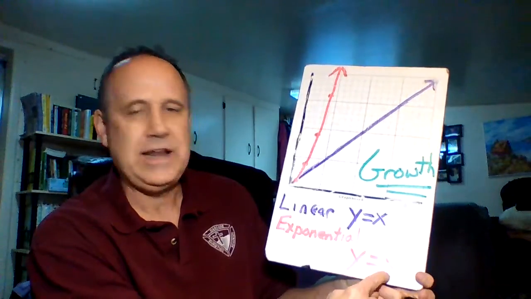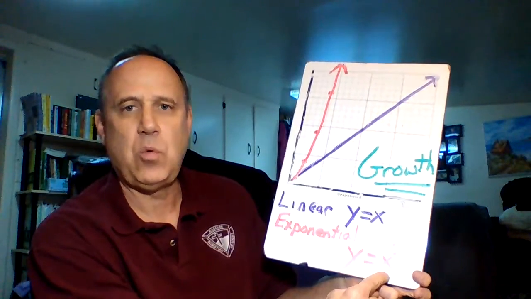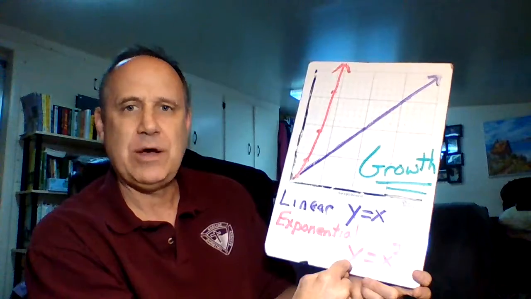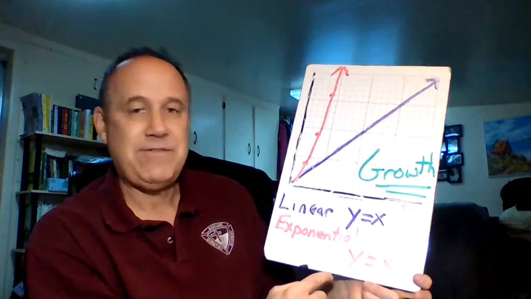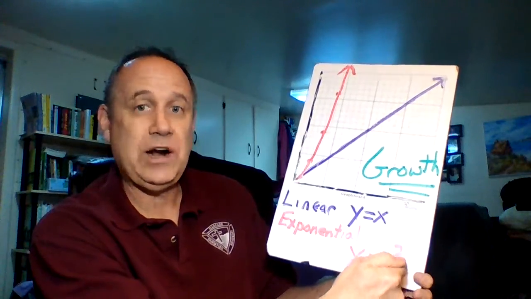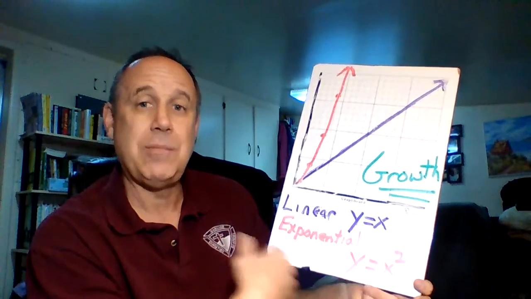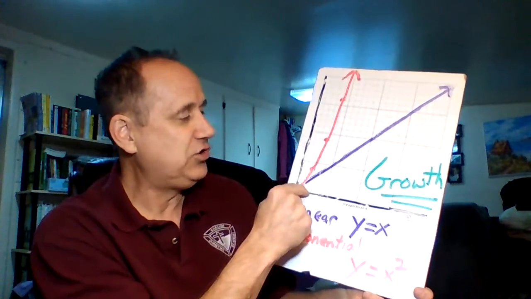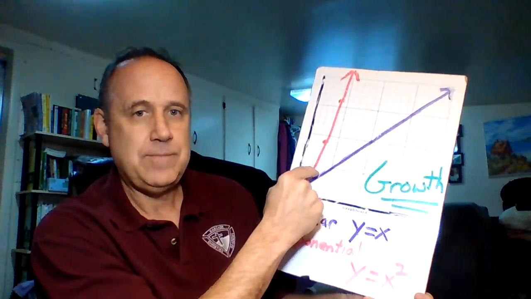If I plugged 1 in for x, 1 squared would equal 1. That would be my point on my graph. If x were to equal 2, I would square 2. That would equal 4. So my point would be 2, 4.